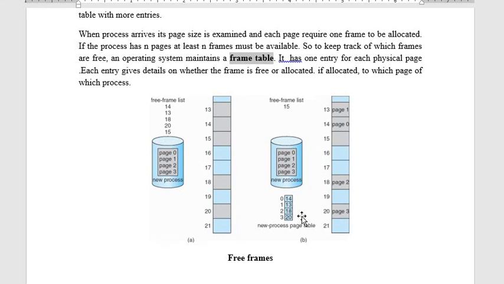Right now it is free. Once you fit all the pages on the physical memory, update the page table by saying page 0 is present in frame 14, page 1 is present in 13 and so on. So this is how the frame table helps us check whether there are free frames available, so that a newly arrived process can be allotted memory.